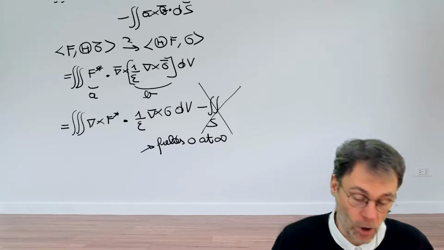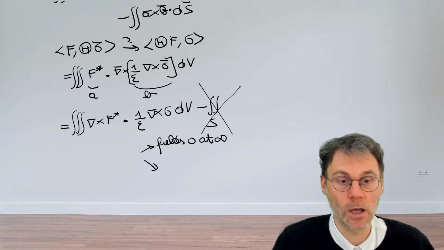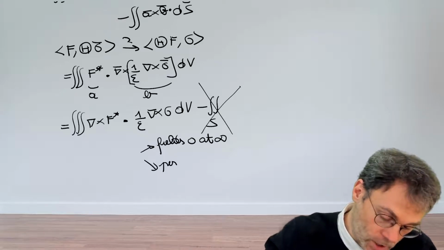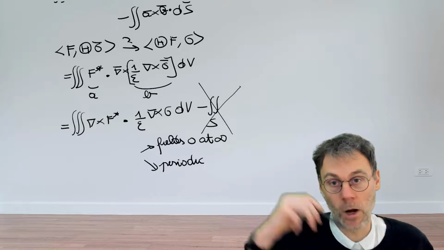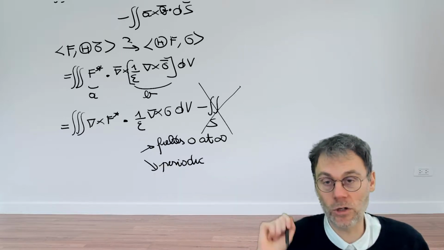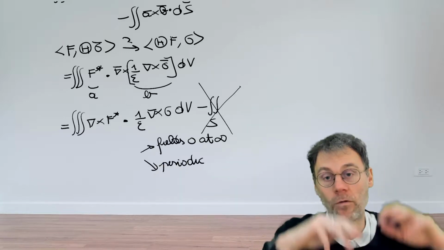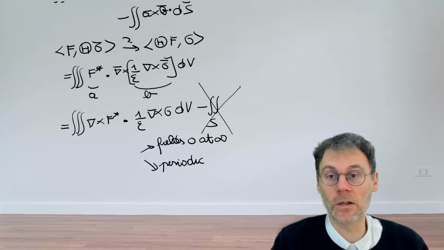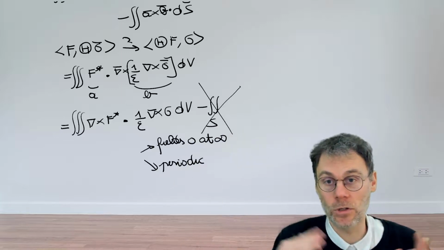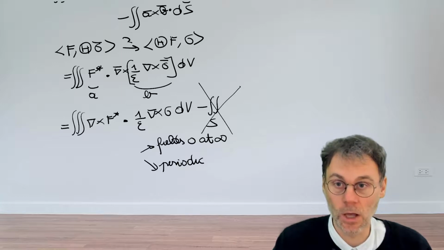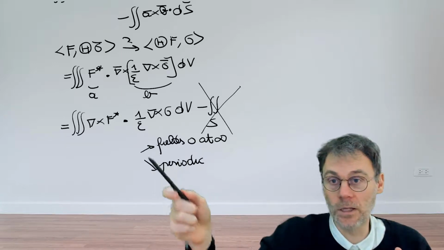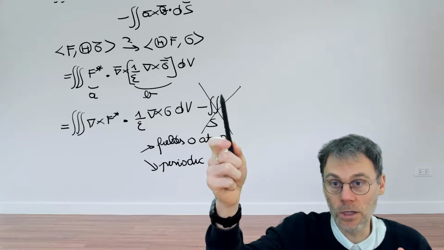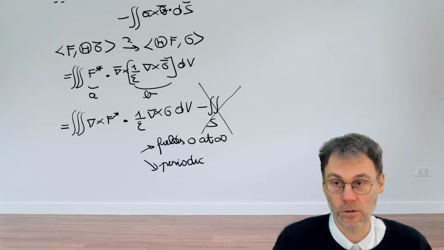Or you could be dealing with periodic media, which results in periodic fields, which are positive and negative in a periodic fashion. If you integrate them over the entire surface at infinity, all the positive contributions will cancel all the negative contributions. So let's restrict ourselves to situations where either one of these things is true, such that we don't need to pay the price of that surface integral.